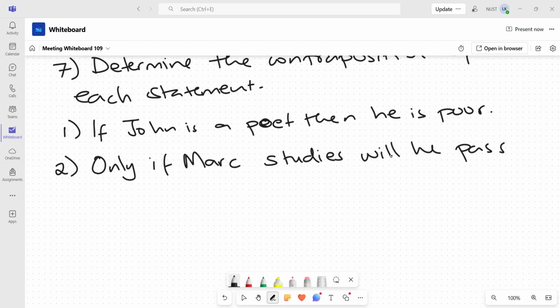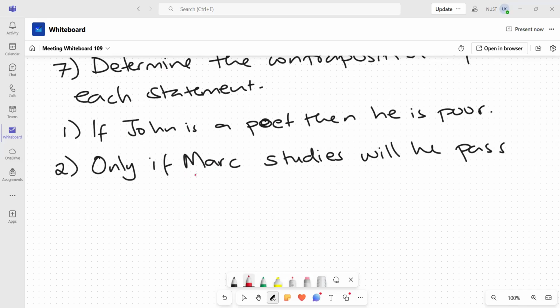Only if Mark studies will he pass. Okay, that is the same thing as saying if Mark passes the test, then he studied. Okay, so I'm writing it in red just to write it in the standard form where if this happens, then this.